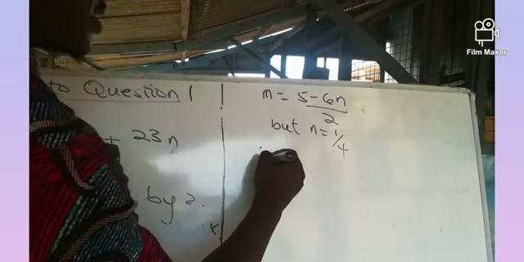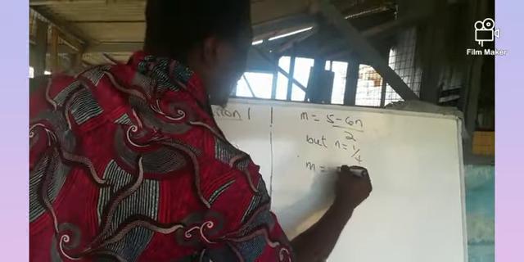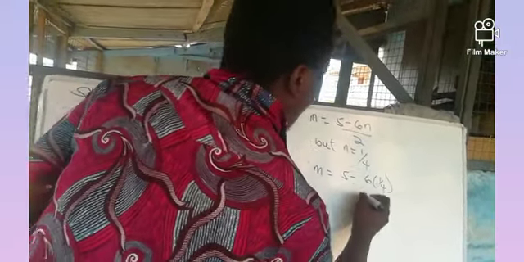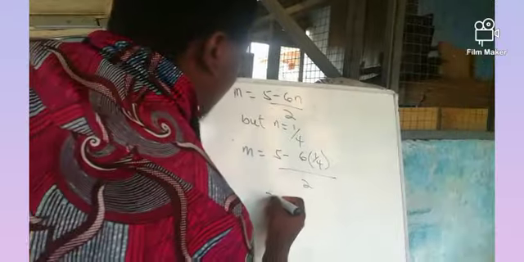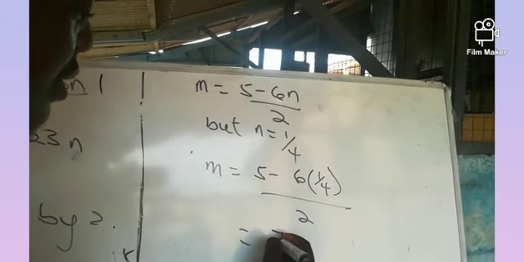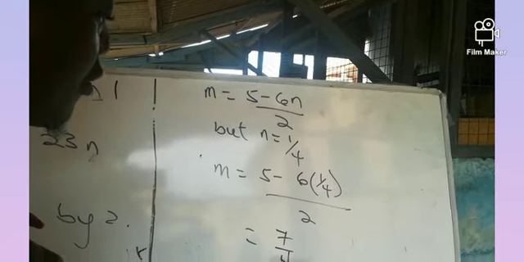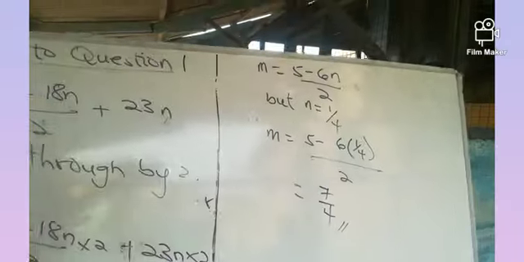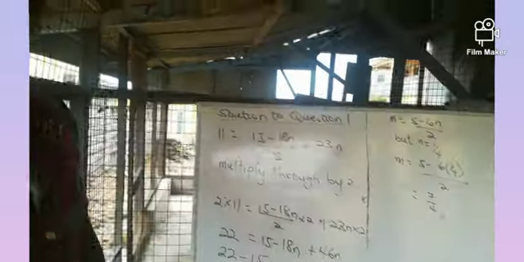So substituting that, you will get m is equal to 5 minus 6 times 1 over 4 all over 2. And using our calculator, I think we are going to get 7 over 4. So that's the answer to the question 1b.